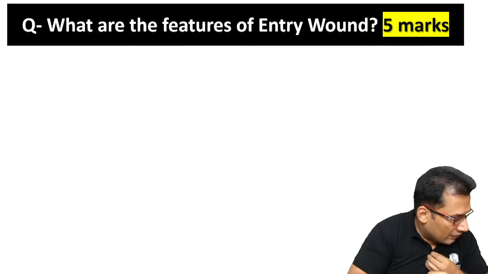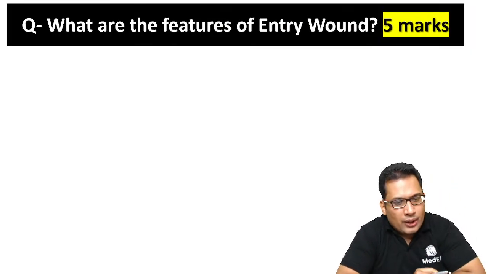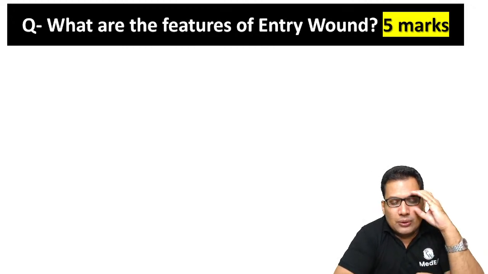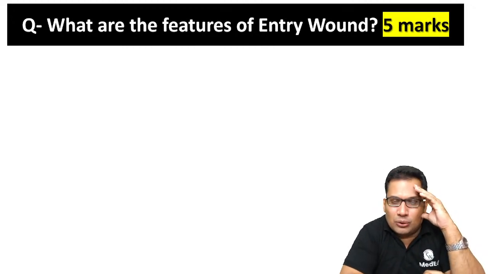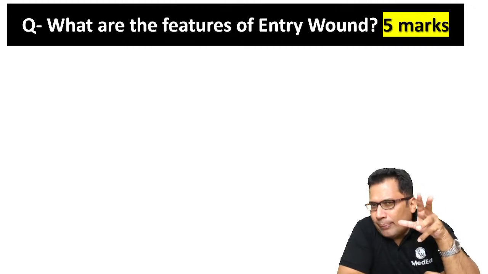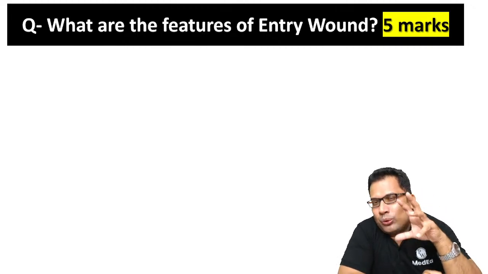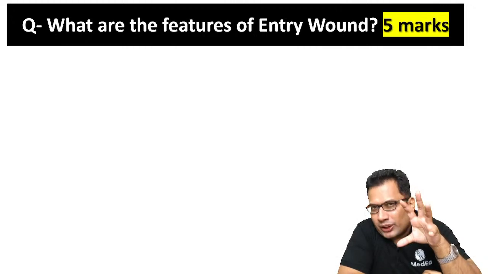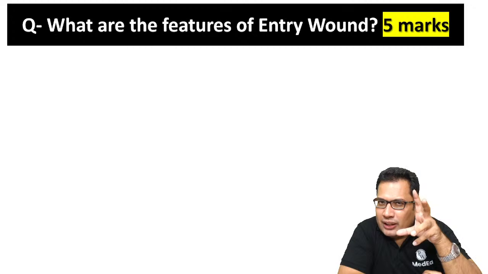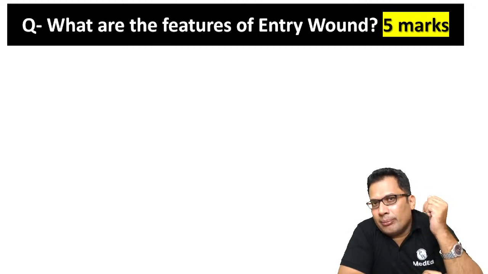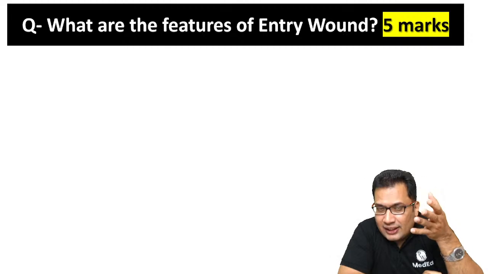Yes. So next question. What are the features of entry wound? One very, very important question, guys. Entry wound, exit wound, firearm injury basically. Firearm injuries nowadays are very common. Maybe a case of suicide, maybe a case of homicide, accidental death.